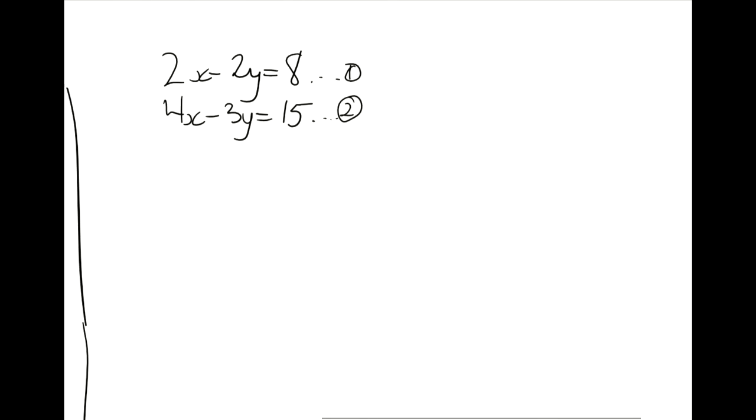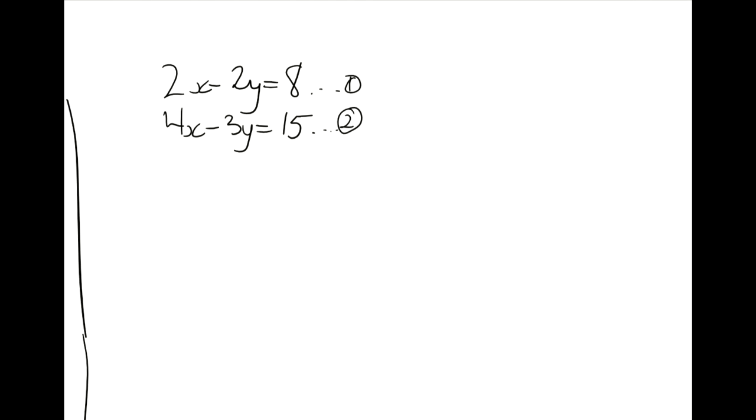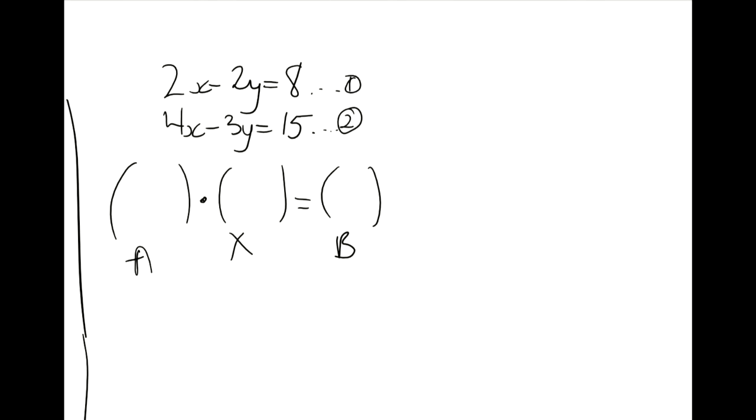We are going to start by again converting these two equations into one matrix equation. So you have your A matrix multiplied by your X matrix to give you your B matrix. Your A matrix is all the coefficients, or the numbered parts of the algebraic terms.